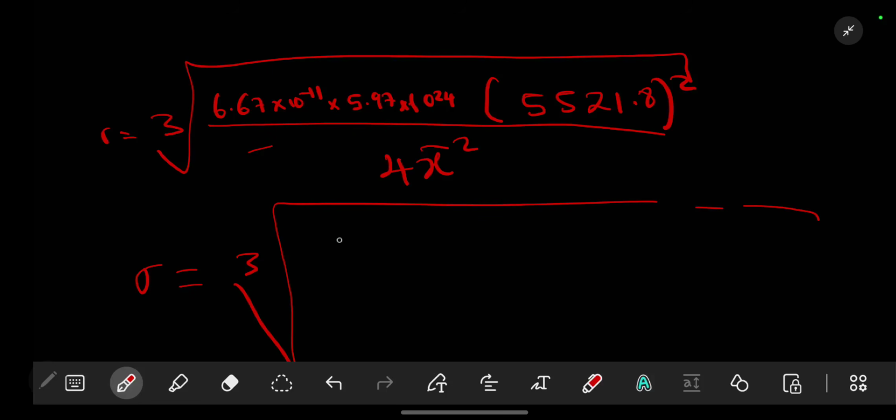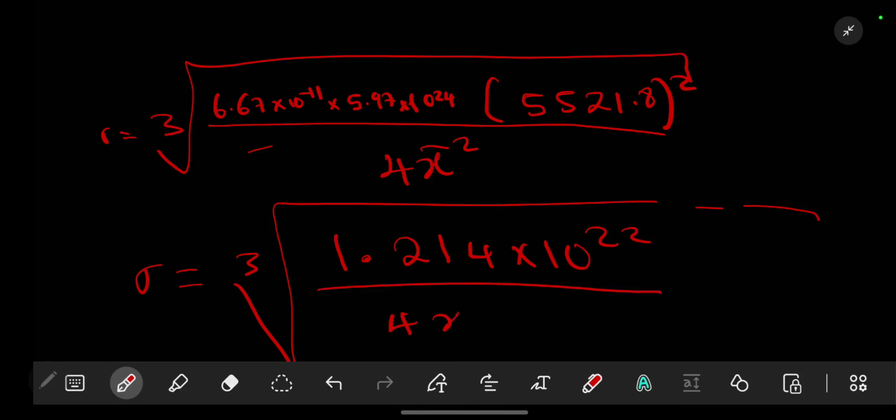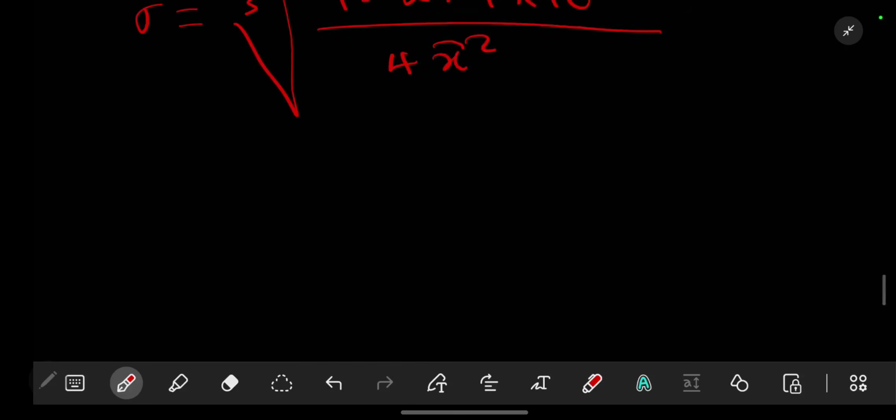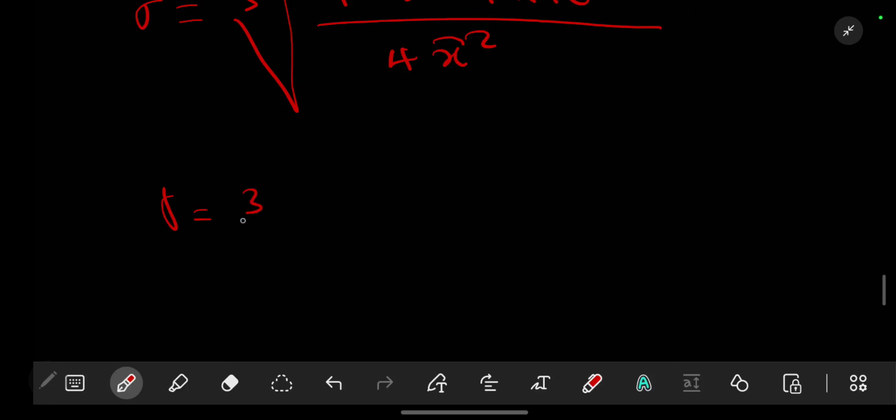So on top I'm getting 1.214 times 10 to the power of 22. Then I divide over my 4 pi squared. So here the key term is just for you to be careful.